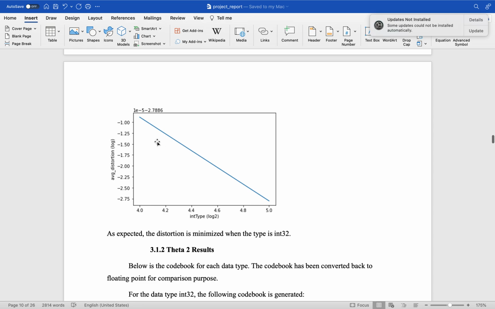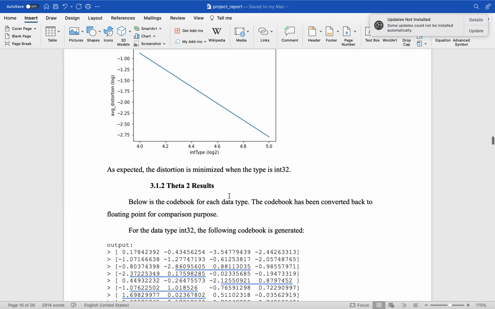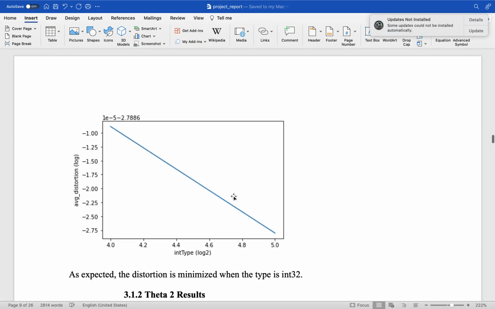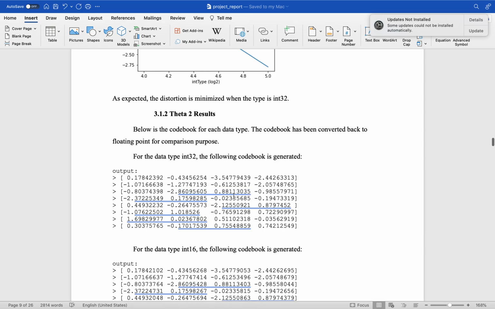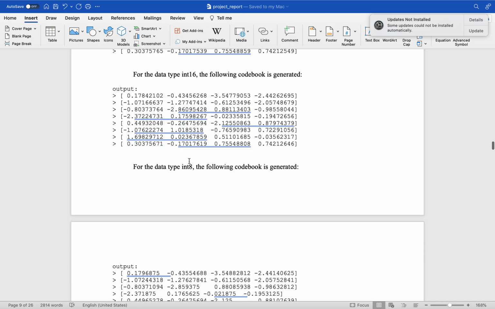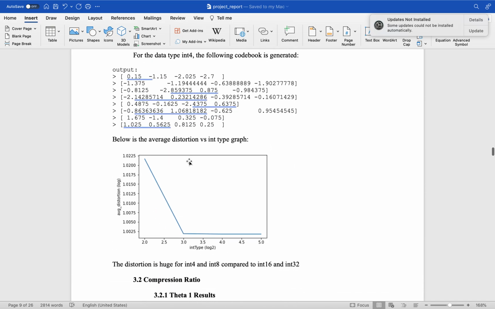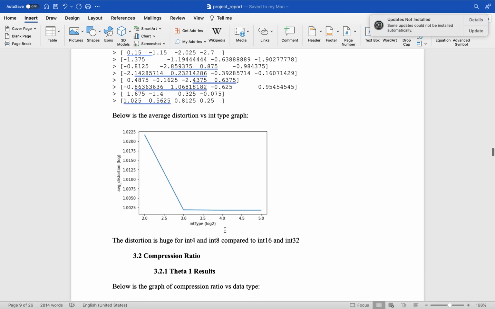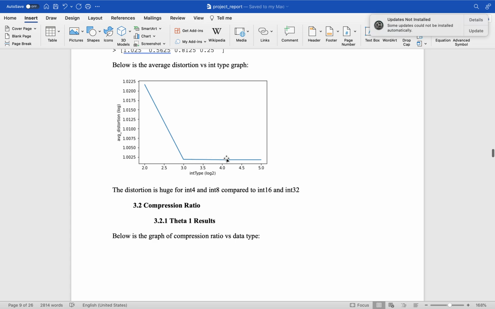You can see that for int 32, this is log 2, so 2 to the 5 is 32, it has a really low distortion, as expected. For the theta 2 result, I went through the same process of int 32, int 16, int 8, and int 4. The graph has similar behavior: int 4 and int 8 have really big distortion compared to int 16 and int 32.